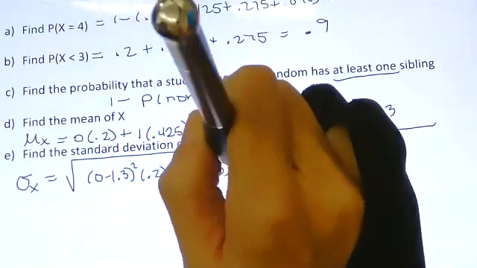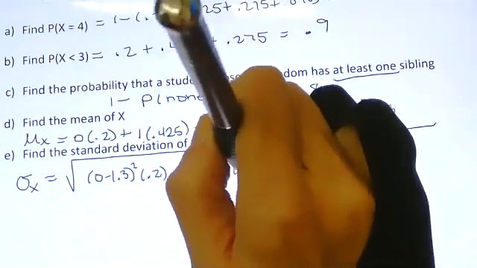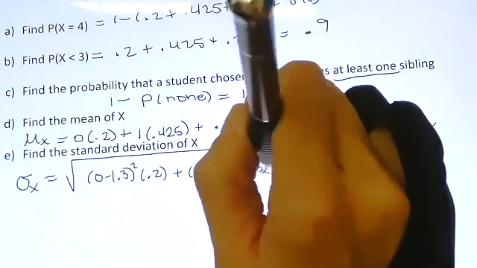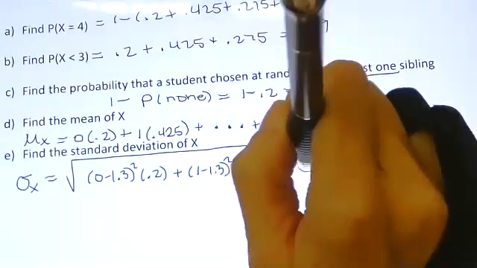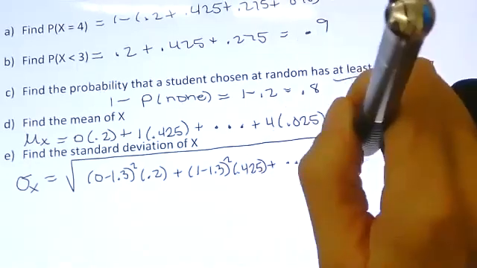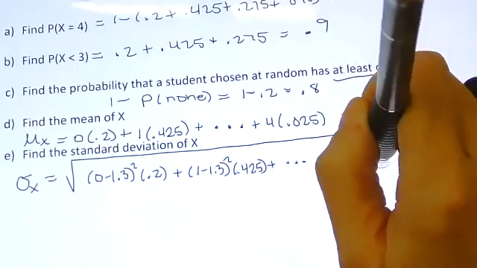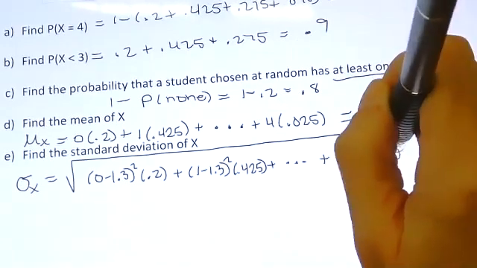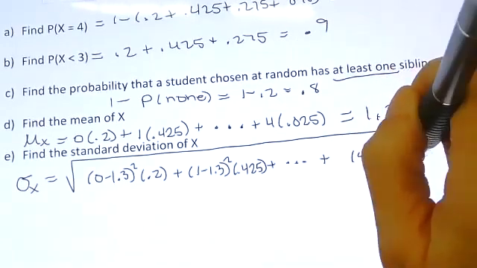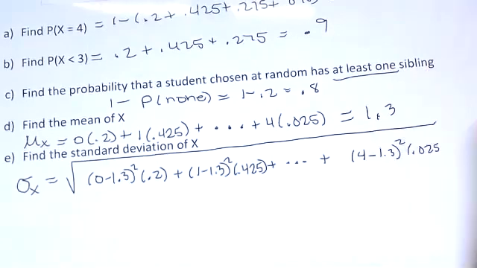We square it. We weight it. And then I'm going to do my favorite dot, dot, dot here. And I'm going to do this all the way until I get to my last entry in the table. Subtract the mean, and I weight it by a 0.025.